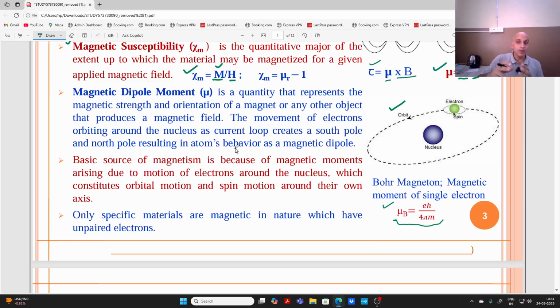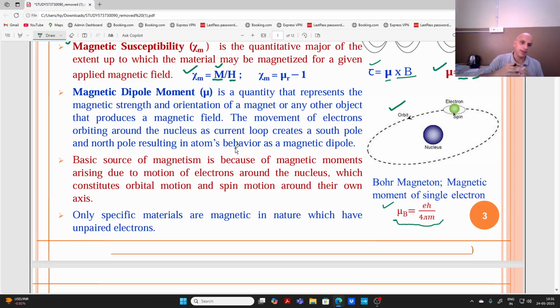Why? Because the motion of all the electrons is not in the same direction. So they will cancel out one another's magnetic dipole moment, and the atom as a whole will have zero magnetic dipole moment.